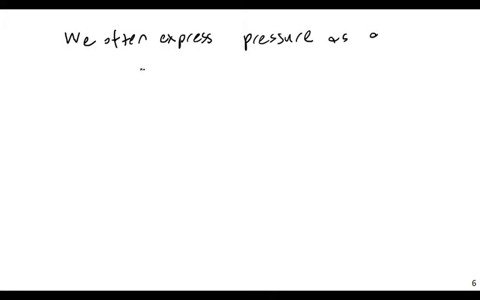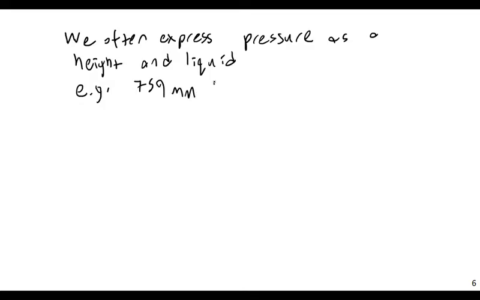And for units of atmospheric pressure, we often express pressure as a height of liquid, like you sometimes see, for example, 759 millimeters of mercury.